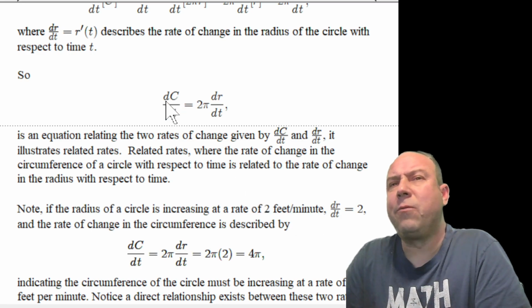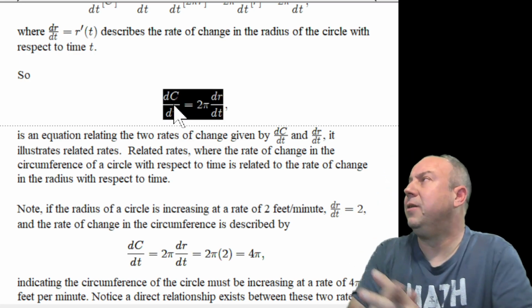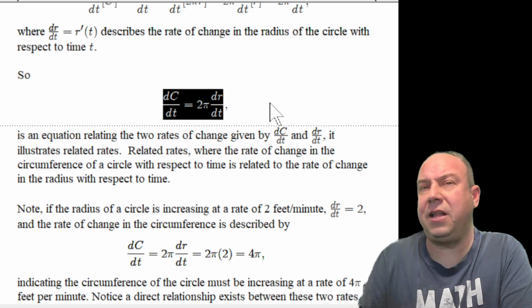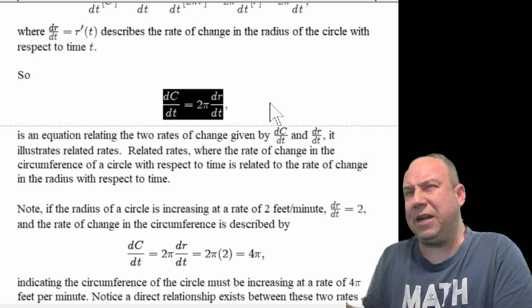We're able to describe that relationship using the related rate formula that we developed from the relationship between the circumference and the radius of a circle.